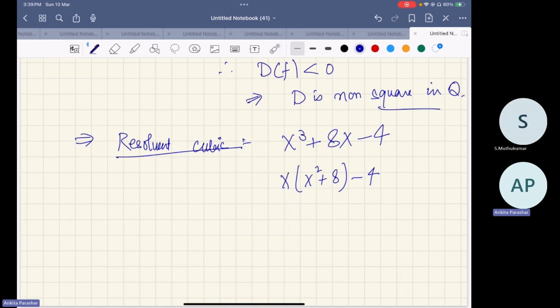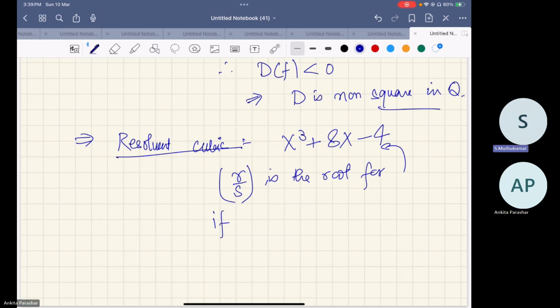Okay, let's try the rational root test. Let's say r by s is a root of the above polynomial if r divides minus 4 and s divides 1. So what is the possibility for r?